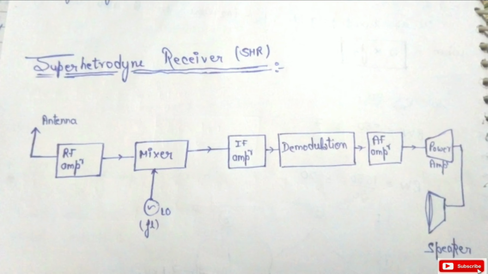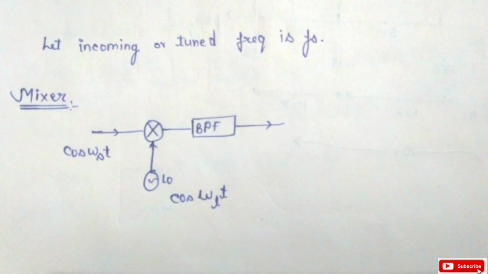Let's suppose the frequency that we want to select is called the tuned frequency. It is denoted by fs and in terms of omega it is represented by omega s. So the mixer is a multiplier followed by a band pass filter, and assume that the local oscillator generates the frequency FL and in terms of omega it is represented by omega L. First the multiplier multiplies the term cos omega st with cos omega lt, because cos omega st is the term that is passed by the RF amplifier to the mixer.